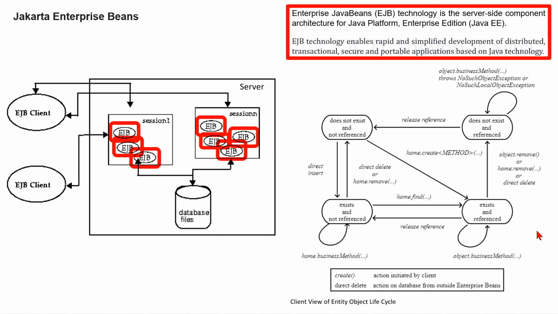In addition, an entity object may be created within the environment via a mechanism other than invoking the create method of the home interface, for example, by inserting a database record, but it still needs to be accessed via the find methods.